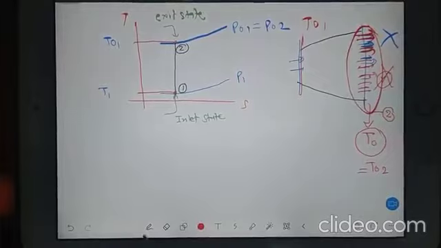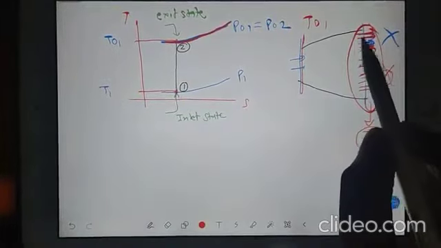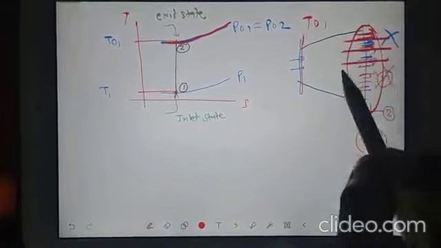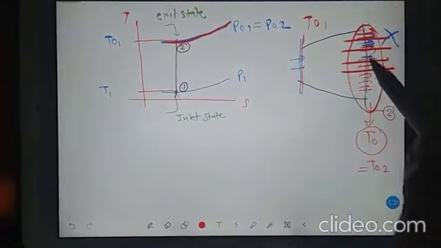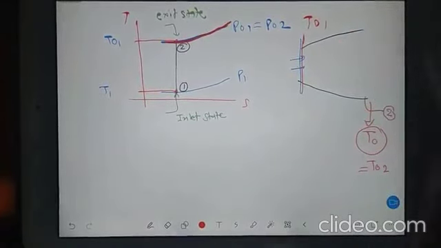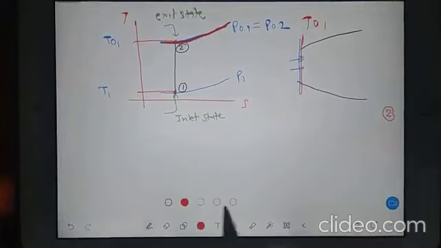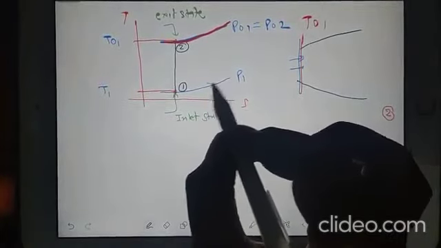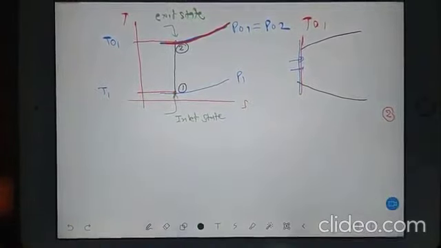I'm trying to say T0, why I'm drawing this line here. Because I want to bring the entire flow to rest at the exit. Exactly at the exit, flow should be in rest. Okay. So if flow will be in rest, then properties will become stagnation properties. That's why the inlet property line is P1, but the exit property line is P0, stagnation.